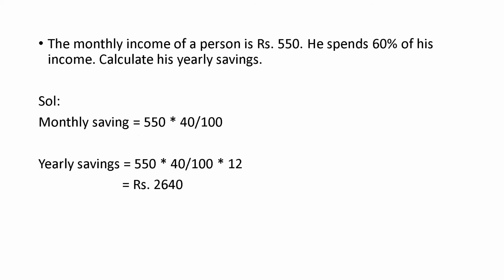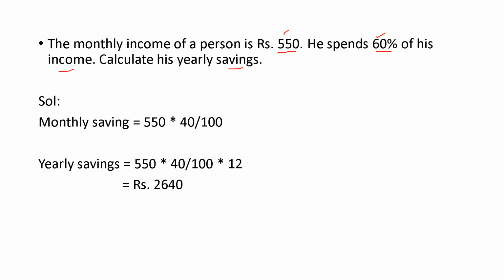Okay. Next question. The monthly income of a person is rupees 550. He spends 60% of his income. Calculate his yearly savings. His monthly income is 550. He spends 60% of his income. Calculate his yearly savings.